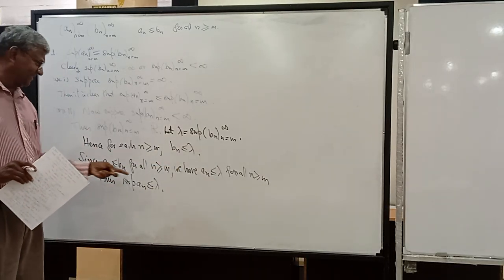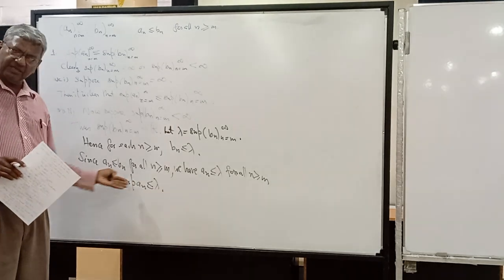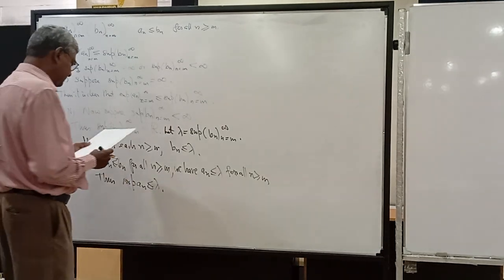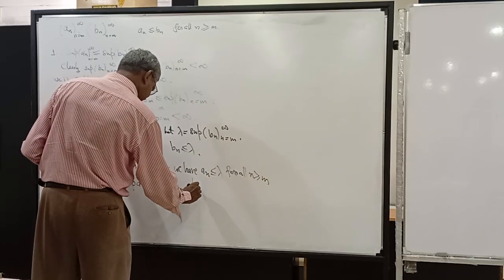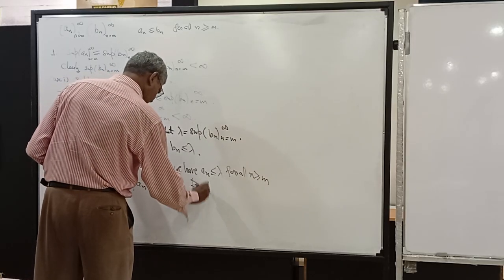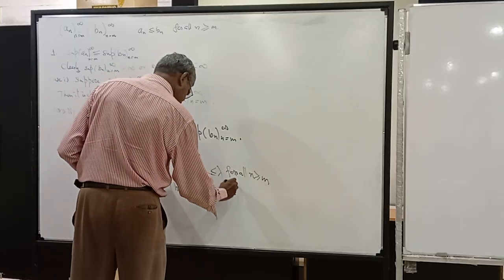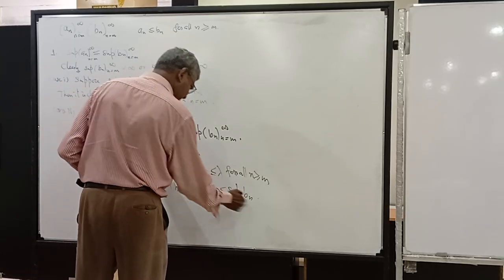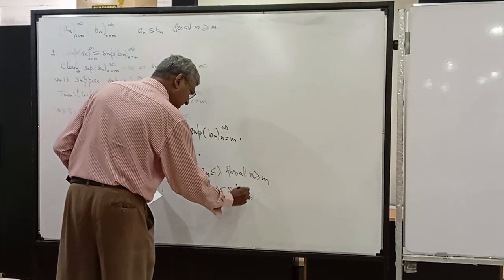I may write 4. Here lambda is an upper bound. Sup is the least upper bound. That is, sup a n is less than or equal to sup b n. You can put n going from m to infinity.